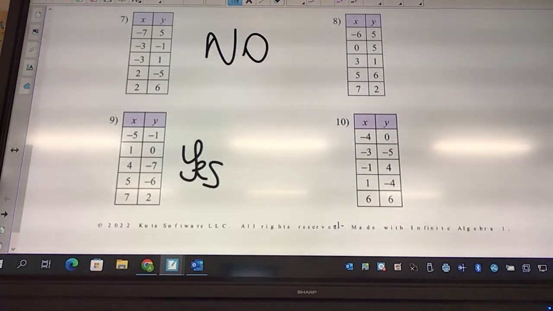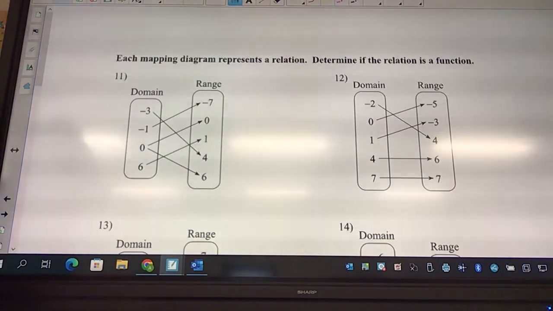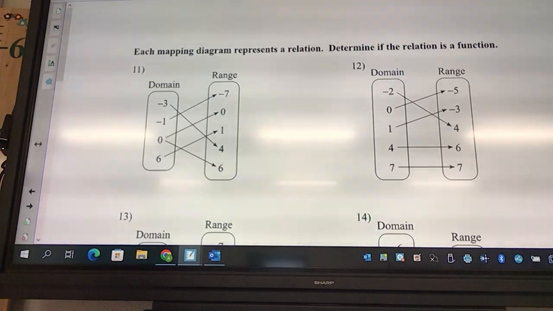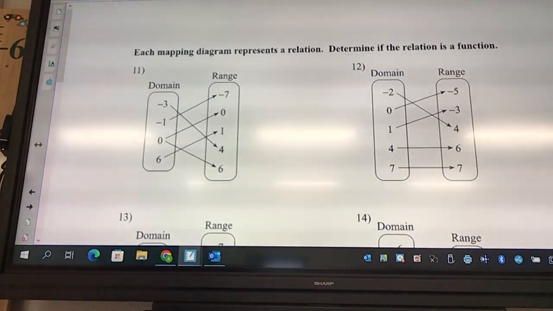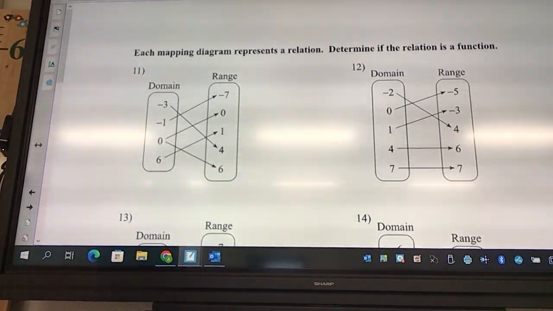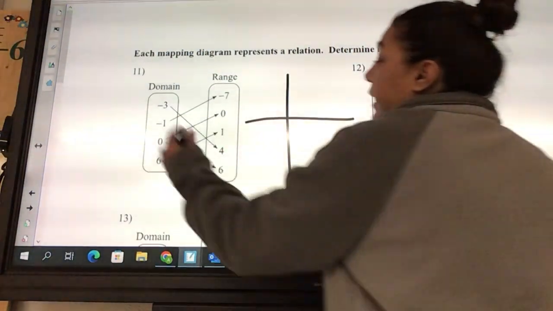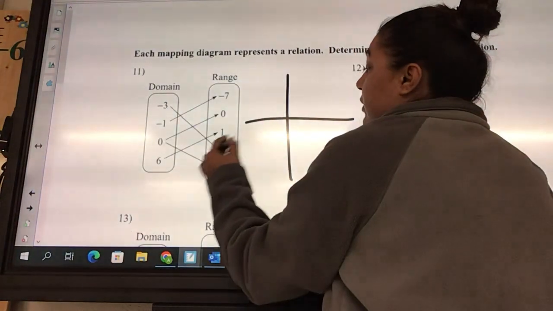Okay. Now, when we're looking at mapping, you can kind of tell just by looking at it too. So if we were to graph this one, what this is saying is -3 goes to 4.